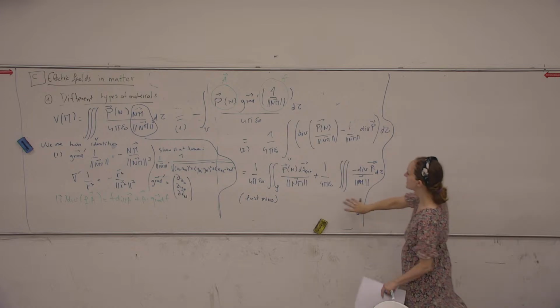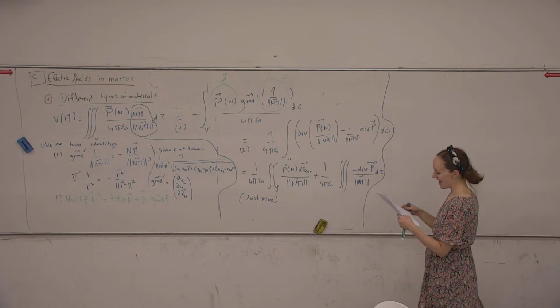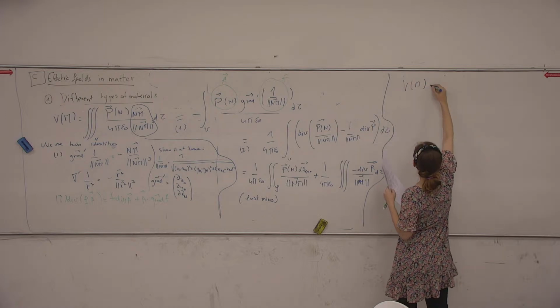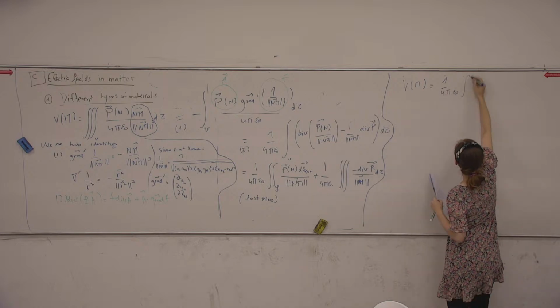Okay. So once we have this, let's assume that we are fine with the minus, and I remind you that we know that V(M) is by definition an integral of a volume density.